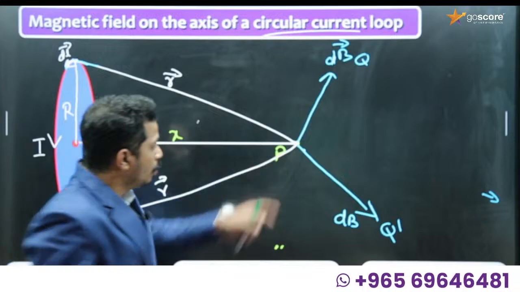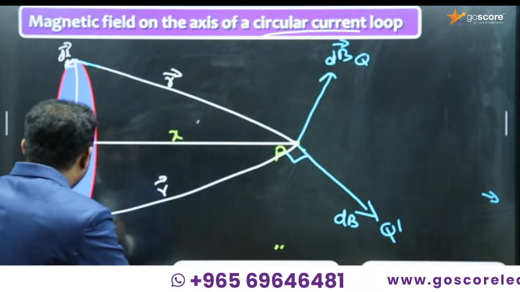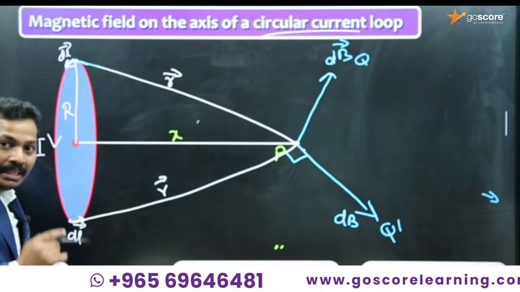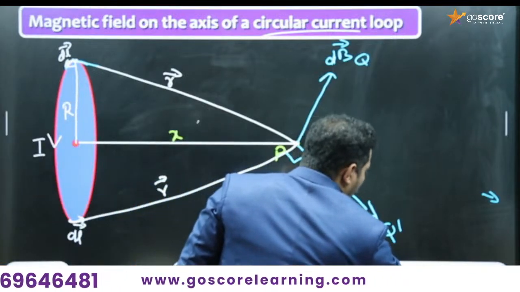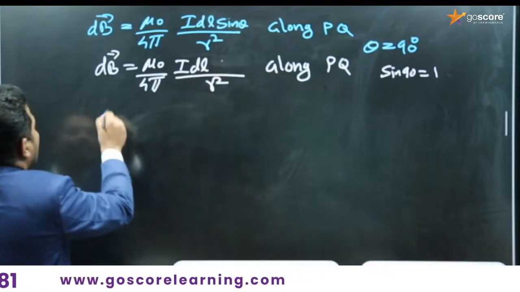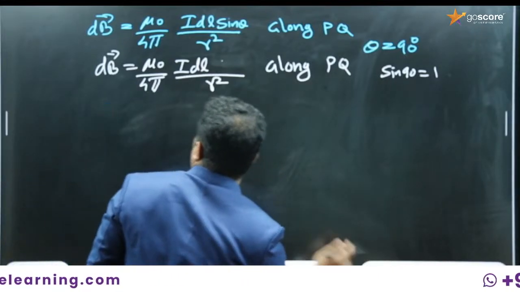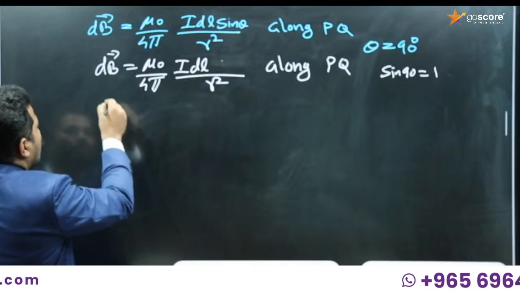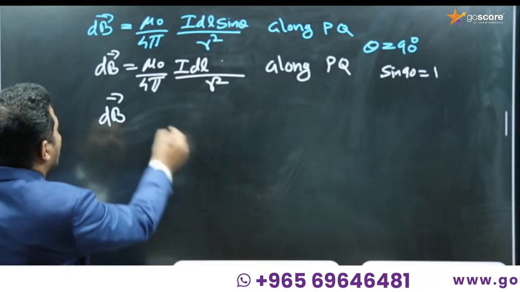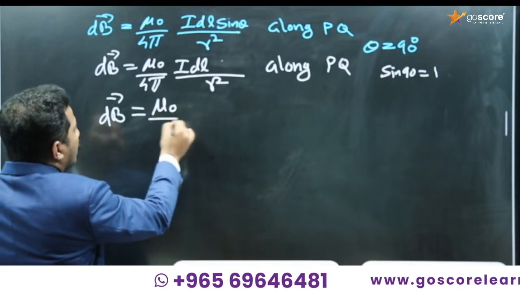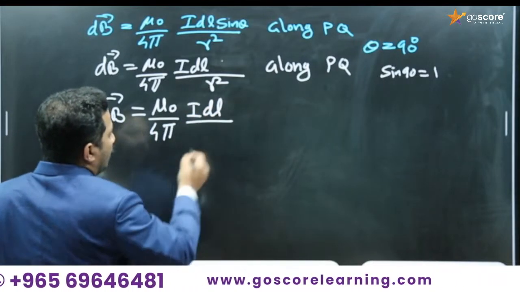Since the angle between dl and r is 90 degree, what's the magnitude of the magnetic field? Again dB, due to the diametrically opposite point, is equal to mu 0 divided by 4 pi I dl by r square.